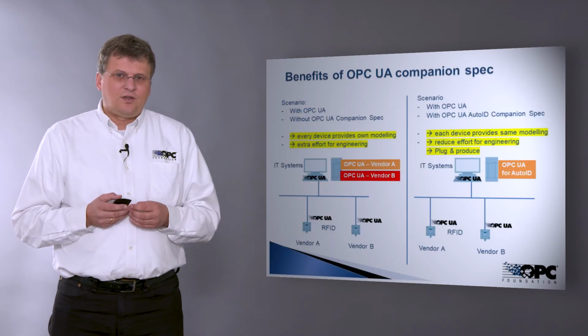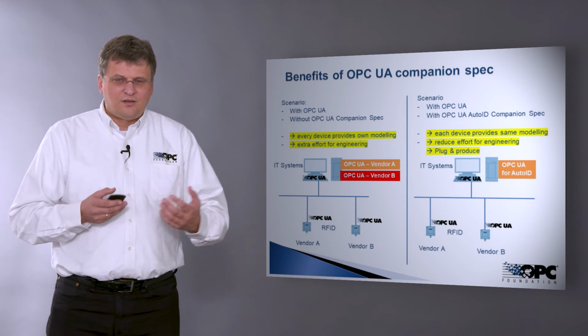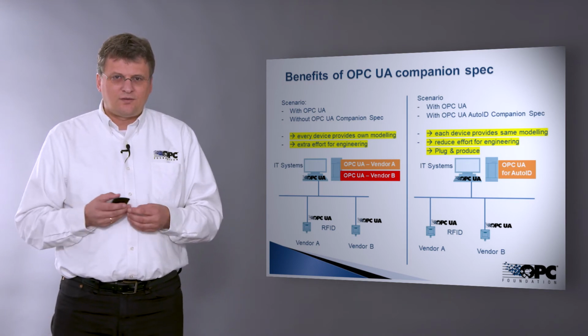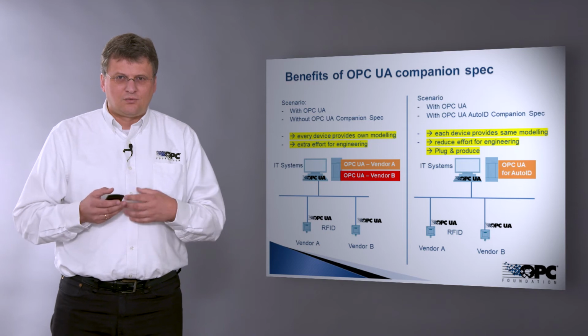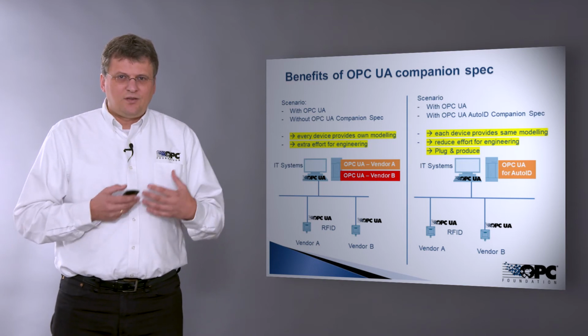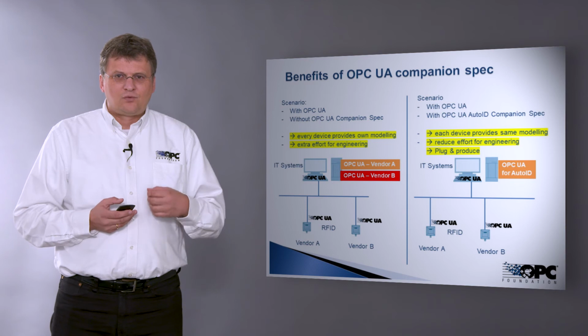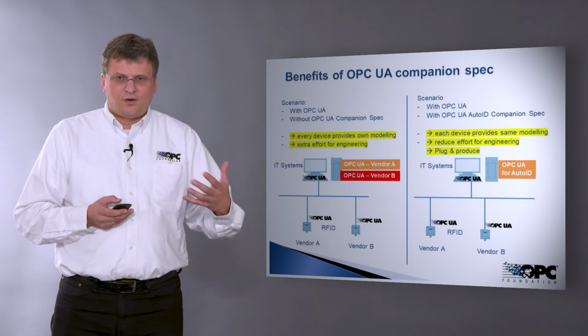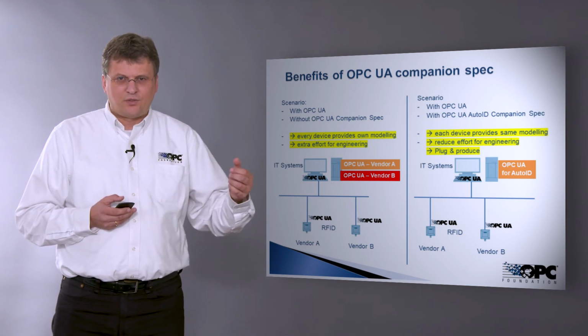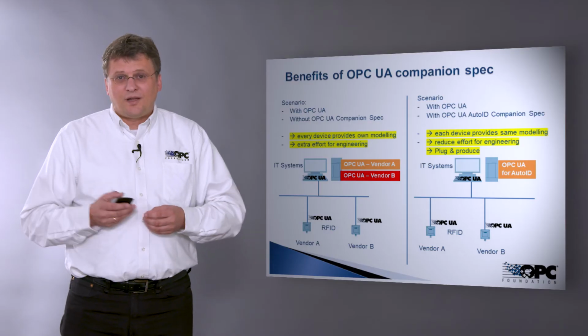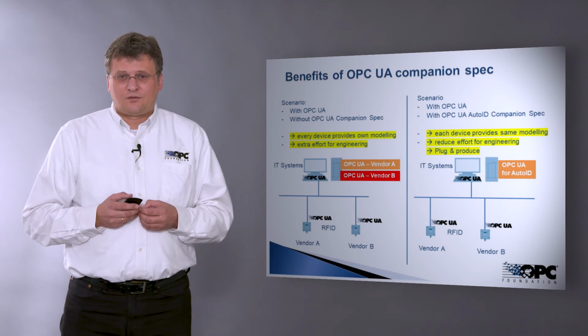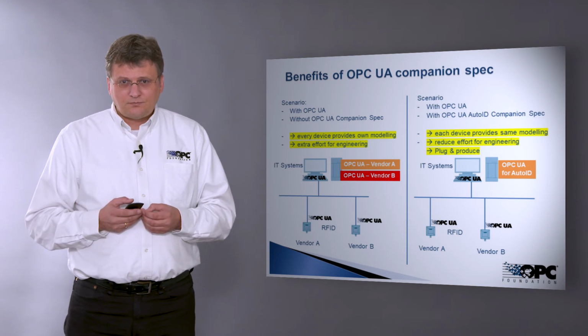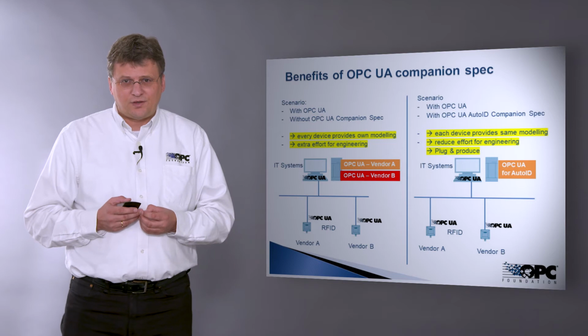On the left side you see that every vendor is just integrating OPC UA into devices, into machines, into software. But then with each project you need to configure, you have engineering efforts to connect to that specific RFID reader, because company A has provided different services compared to company B. On the right side, all vendors are supporting the Auto ID for OPC UA companion specification.